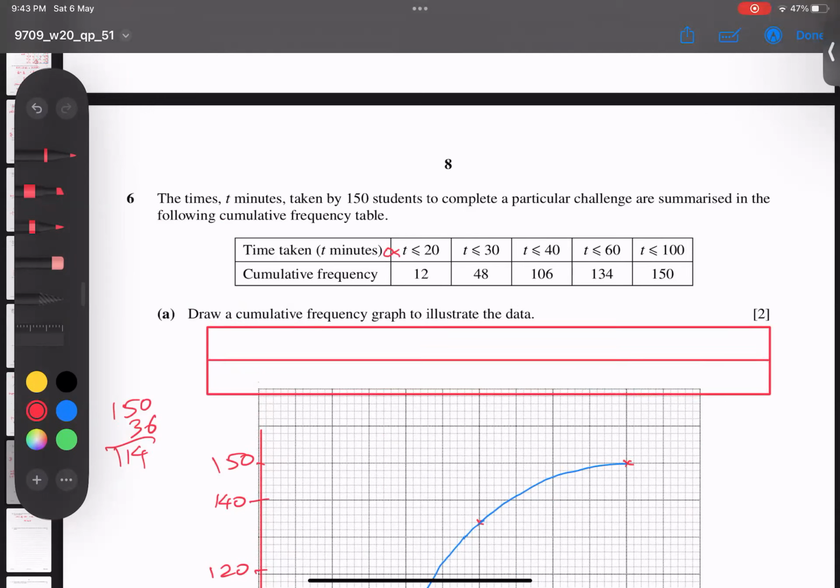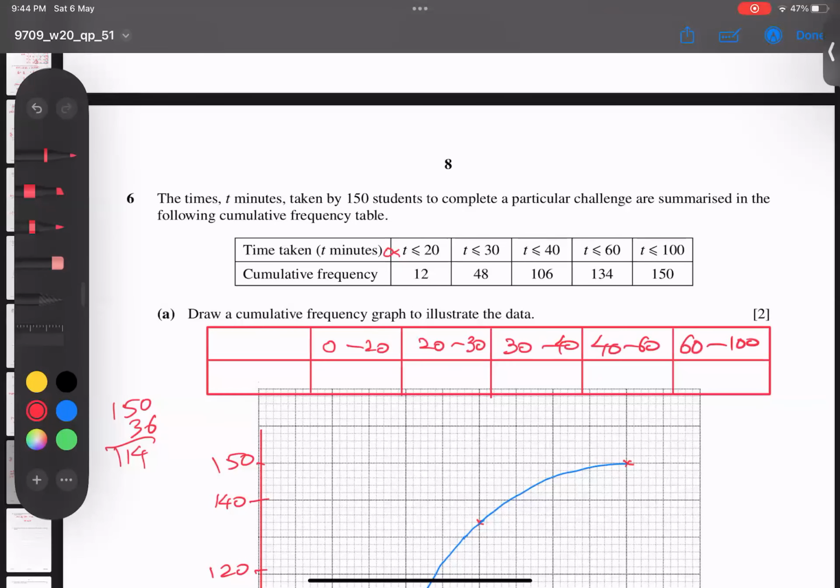I take it here: 1, 2, 3, 4, and 5. These are 0 to 20, 20 to 30, 30 to 40, 40 to 60, and 60 to 100.